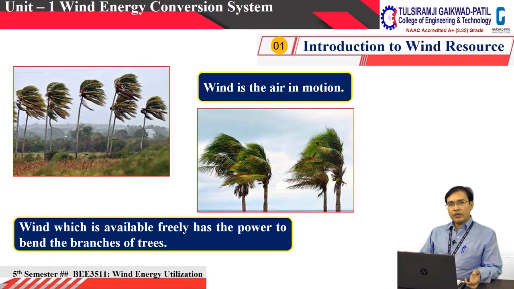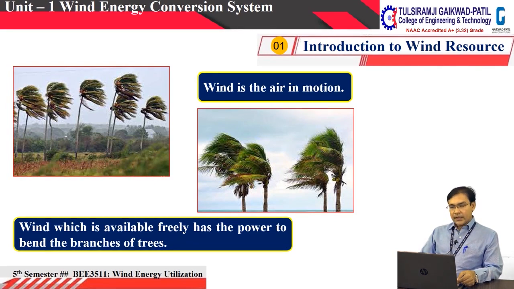So, the direction of the wind decides where these branches are going to bend. As already stated, the air is set in motion by the difference in temperature and air pressure due to the solar radiation on the earth's surface.